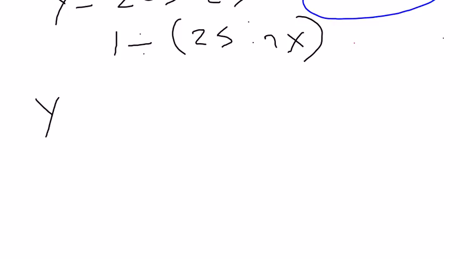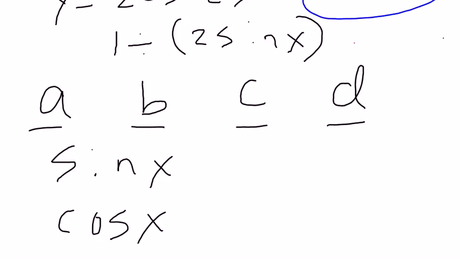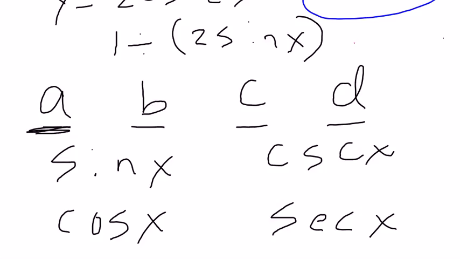All the other numbers, so y, let's just do this. We talked about A in another video, B, C, and D. All of these basically do the exact same thing in sine, cosine, cosecant, and secant, where A makes sine and cosine bigger, right?